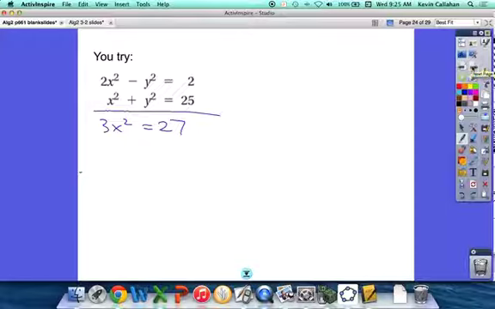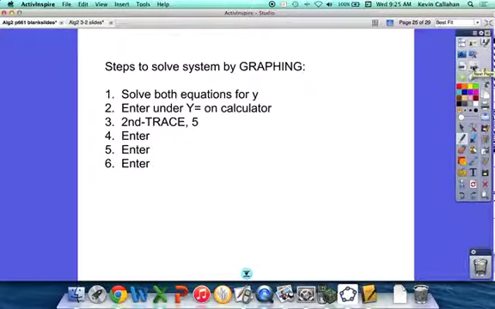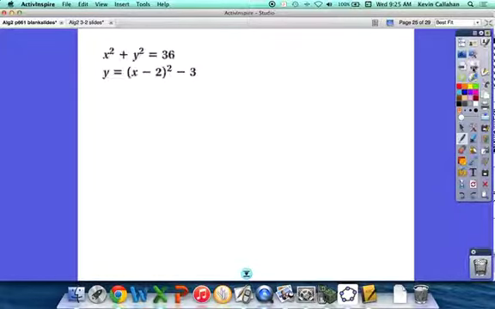So when you solve nonlinear systems by graphing, the steps are still the same. Solve both equations for y, put them in the calculator on the y equals line, and then do second trace 5, enter, enter, enter. You may have to do it more than once because there's more than one intersection point.